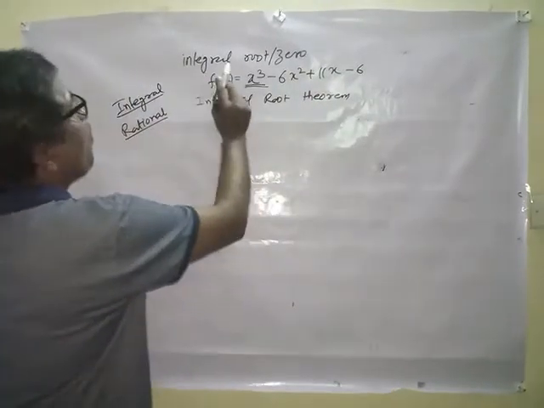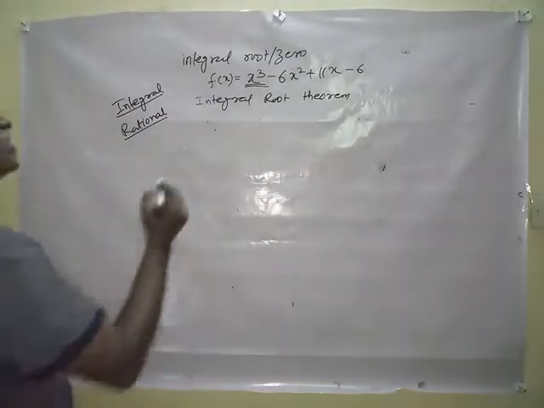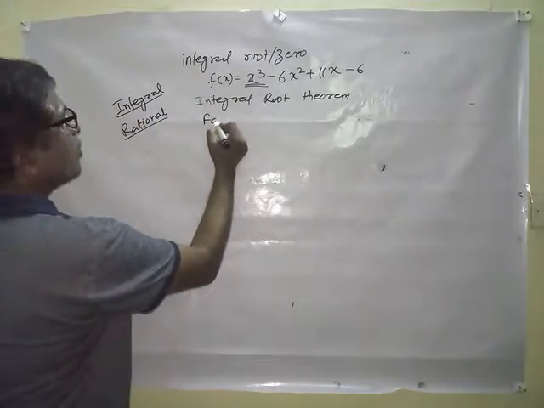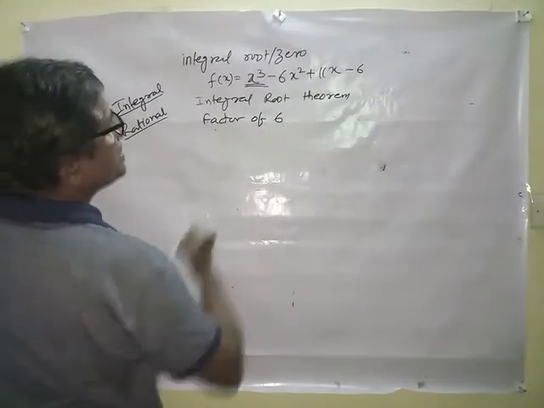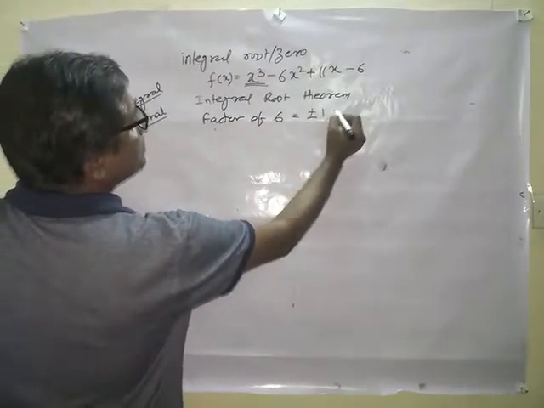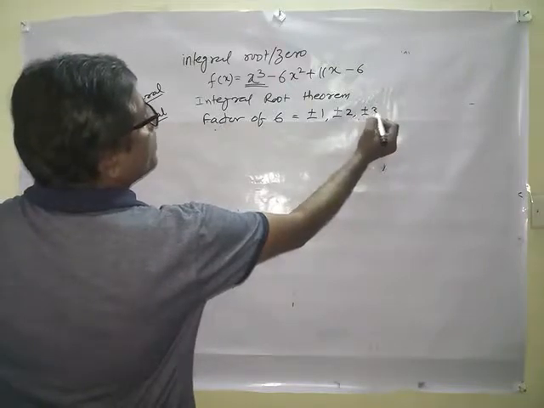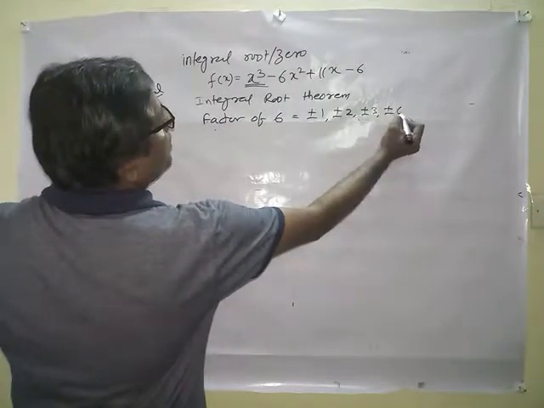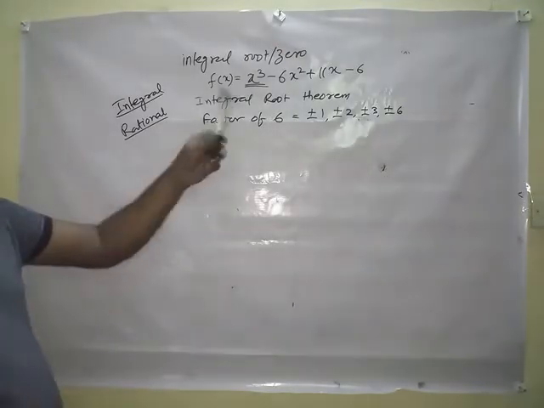The zero roots for this polynomial equation will be factors of 6. The factors of 6 are plus minus 1, plus minus 2, plus minus 3 and plus minus 6. I'll ask you one question here.